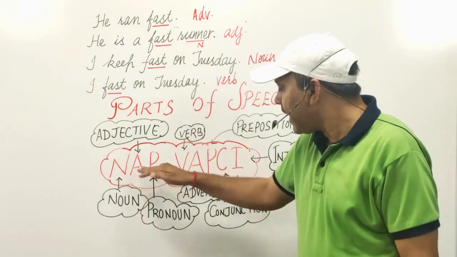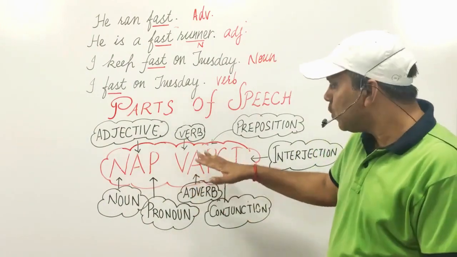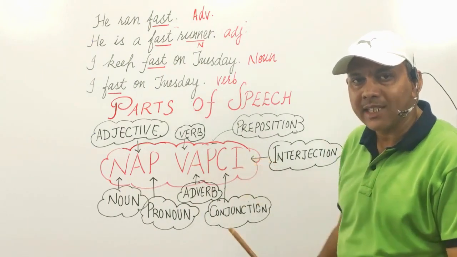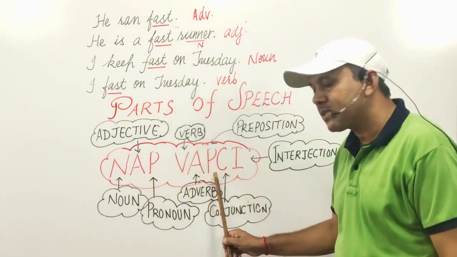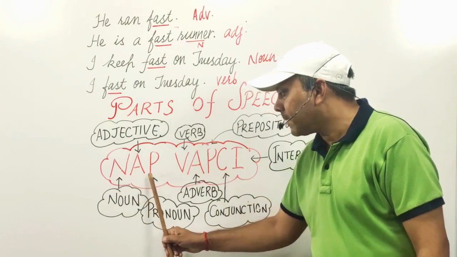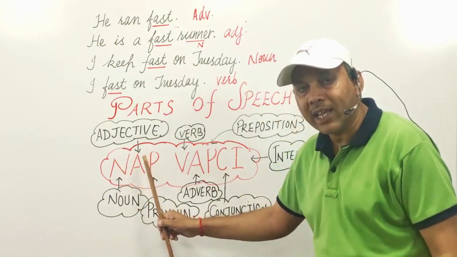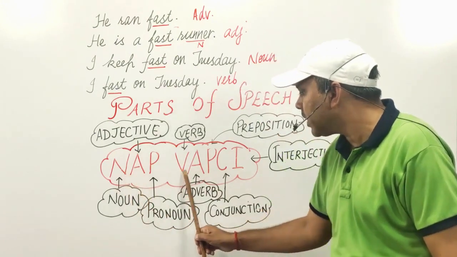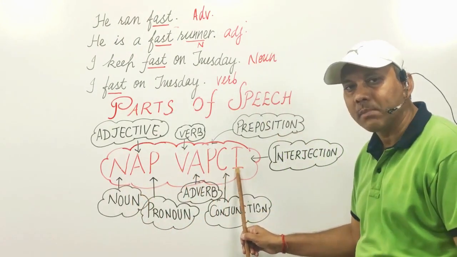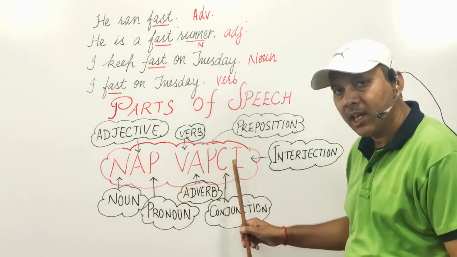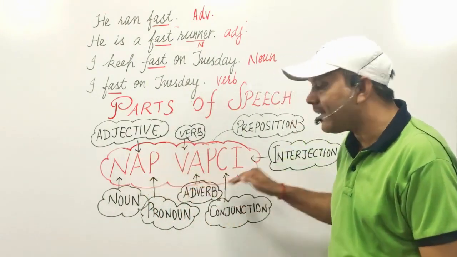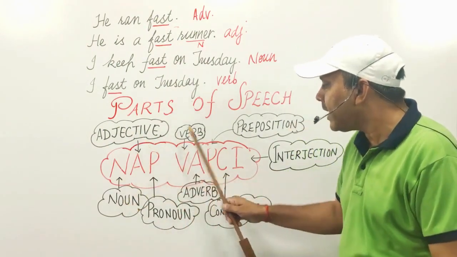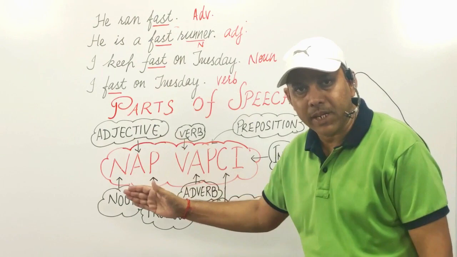I have made a mnemonic for you to learn about all the parts of speech, and the mnemonic is NAP VAPCI, "Wapsi." N-A-P, NAP. You can cram it, you can remember it. V-A-P-C-I. NAP VAPCI has 8 letters, and all the 8 letters refer to different 8 parts of speech respectively.